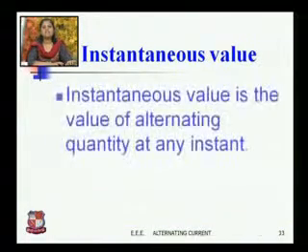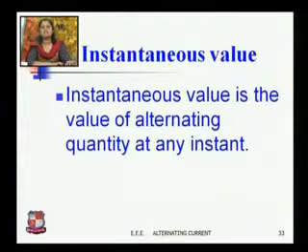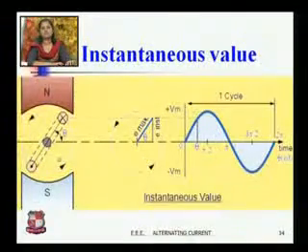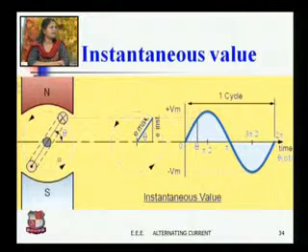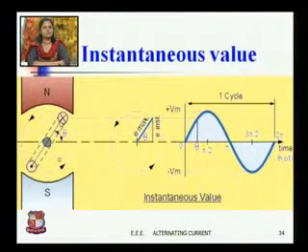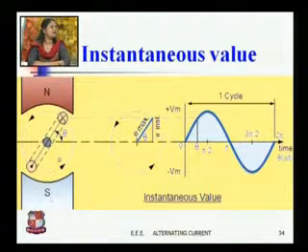Now the instantaneous value. Instantaneous value is the value of an alternating quantity at a particular instant. As I discussed earlier, in an alternating quantity, the value changes with respect to time. As shown in the figure, again it is a revision of the generation of alternating voltage. So this is the electromagnet. A magnetic field is produced between these two.